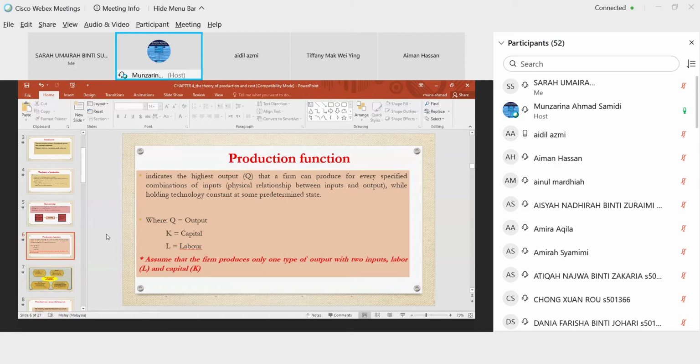Or you will produce a bicycle. You will need to combine capital with labor and other factors of production. How you combine these is decided by a production function.